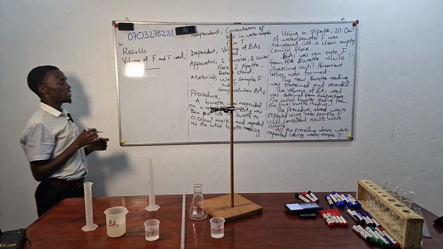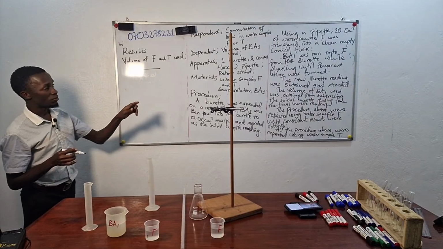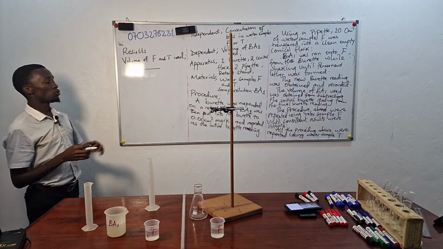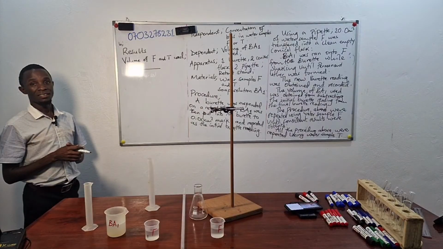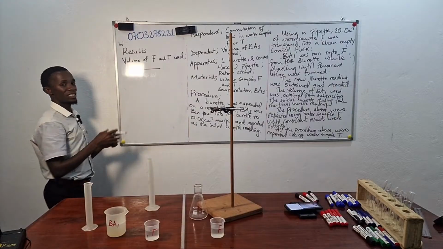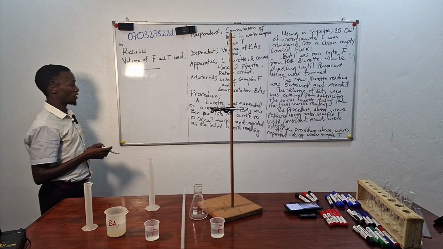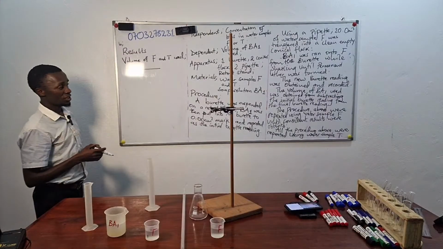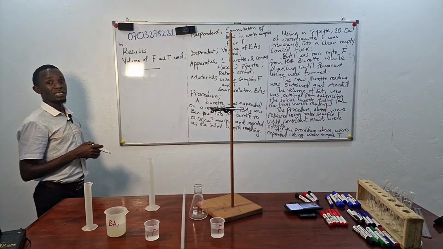Remember, as much as you wrote everything in the scenario, in the procedure, it is also crucial you present it here. So I'm going to present all the variables we used here, specifically the dependent, controlled, and independent.